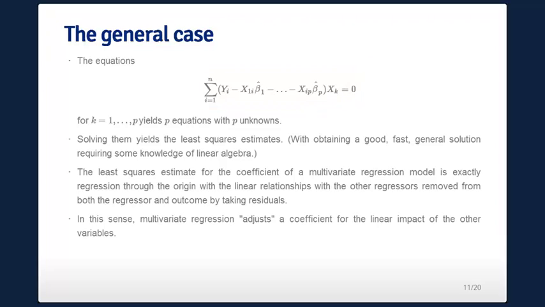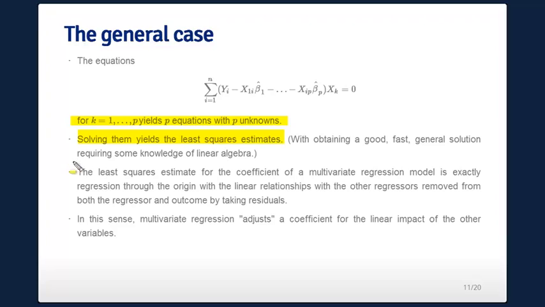Okay, and so what this winds up with then is now p equations and p unknowns. Okay, and solving them yields the least squares estimates. But if you want a good, fast, general solution, then you need to know some linear algebra. And if you want it to be fast, you need to know some numerical linear algebra.